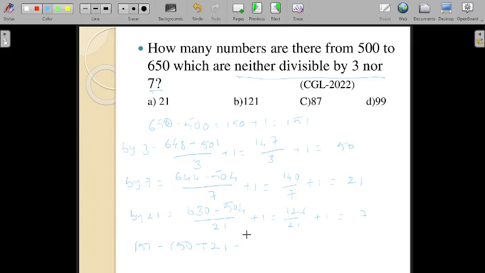Since we have already covered the numbers of 21 also, we need to subtract them. Okay, so 50 plus 21 minus 7 is 64. So 151 minus 64, what is the answer? 87. So C is the answer.